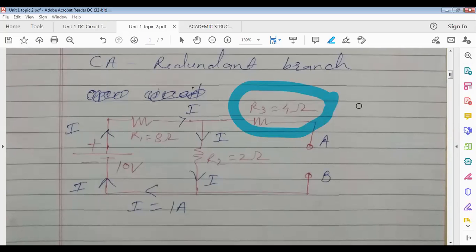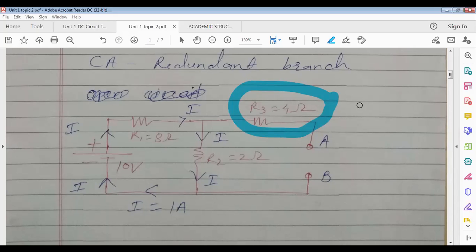Ma'am, if an ideal voltmeter is connected, can it also be considered a redundant branch? Which voltmeter? Ideal voltmeter. Suppose in a circuit an ideal voltmeter is connected, then current will not flow through it, no?